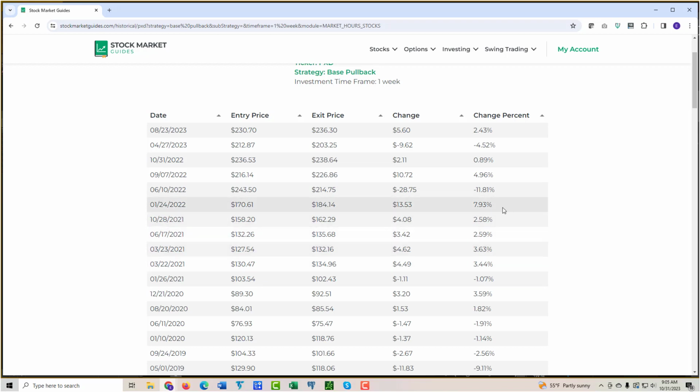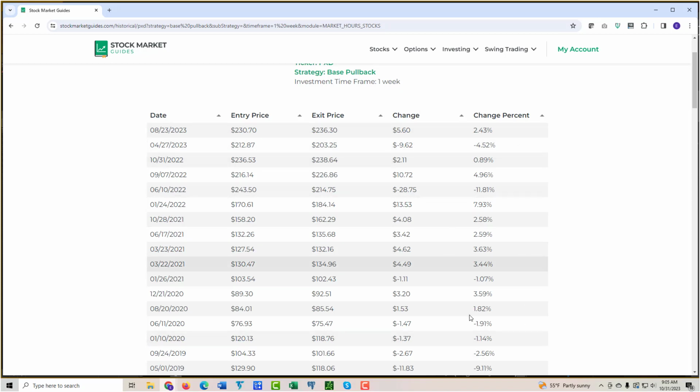So it might be helpful to see this just to make sure your expectations are in line with what the possible outcomes might be for taking the trade. So this again is based on using no take profit, no stop loss. This is just taking a position and holding it for a week.